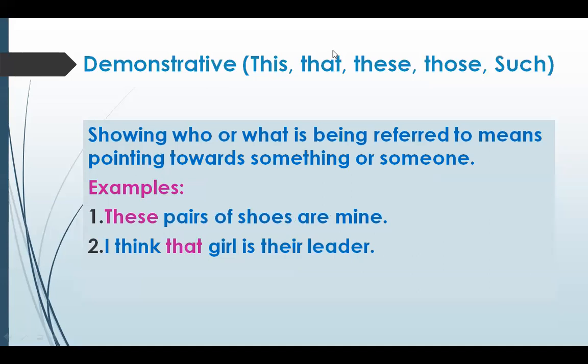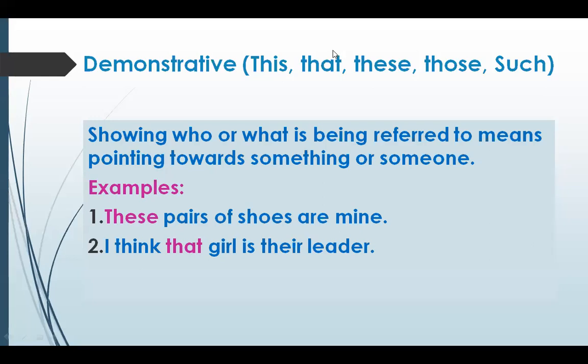So I'm pointing towards some pairs of shoes and referring to it as shoes are mine. I think that girl is their leader, pointing towards a girl who is standing at a distance, and that girl is their leader. Now, these demonstrative, this and that is used with singular noun. These and those used with plural nouns.